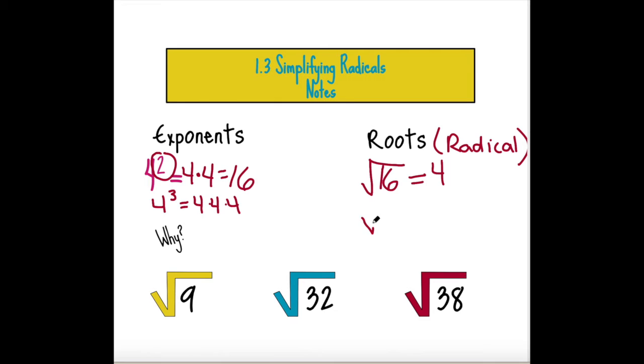If I gave you radical 36, I'm asking what number times itself gives us 36, which is 6.